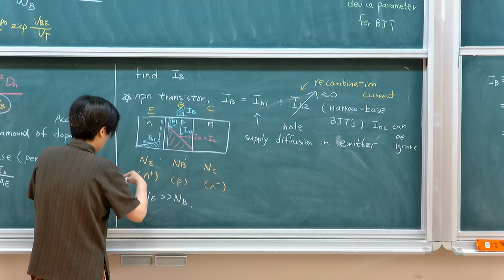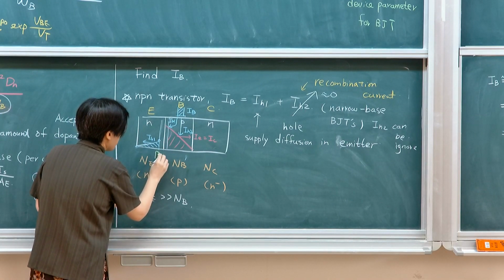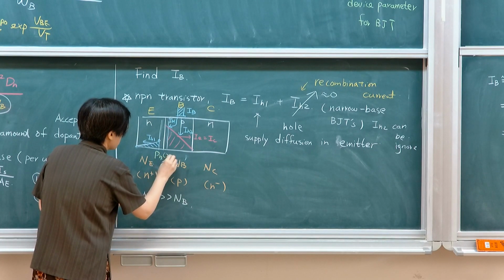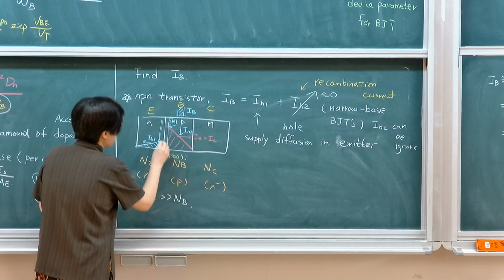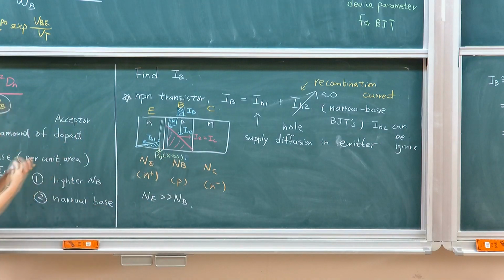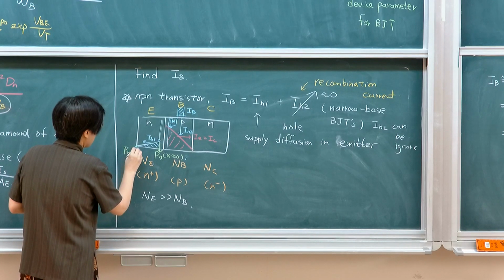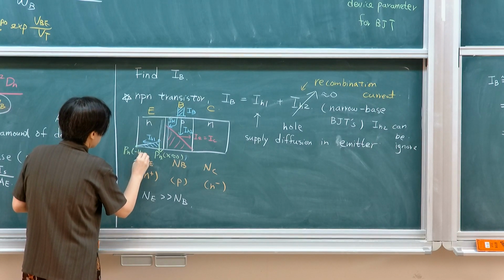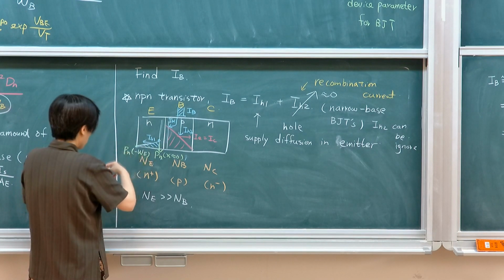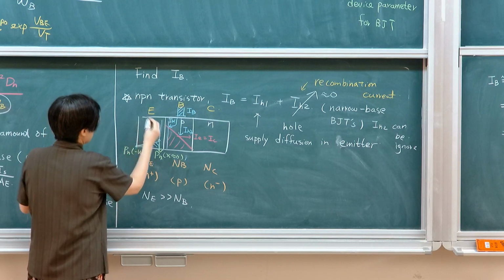So this is Pn at x close to 0, because I'm assuming that the junction is very narrow. Depletion is very narrow. And then we want to talk about this Pn at minus WE. So WE is actually this.